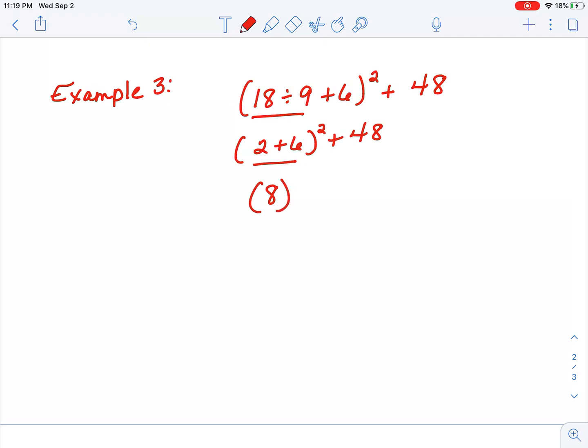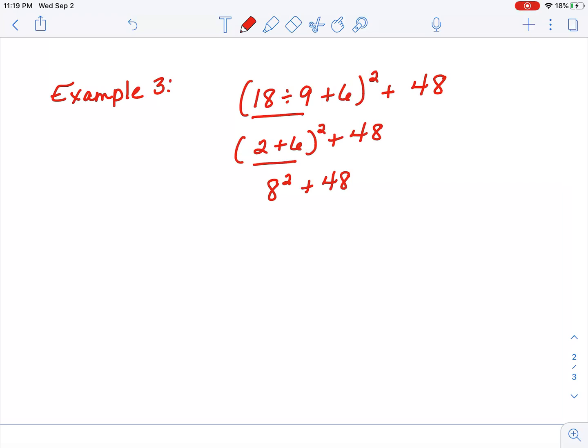I could do this. And that little 2 is going to attach to the answer. Or you can simply go, okay, 8, and then that exponent 2 is going to attach to the answer 8. That's what you do when the exponent is outside of the parentheses. The exponent attaches to the answer.